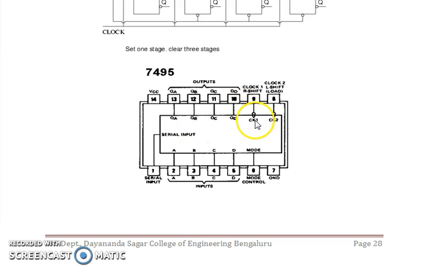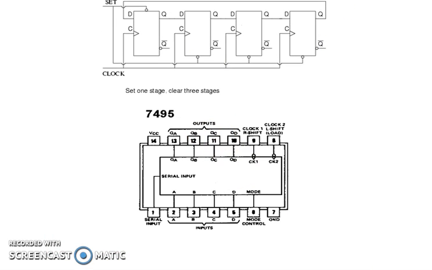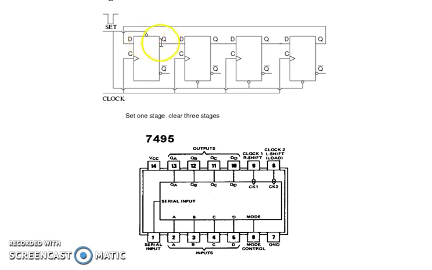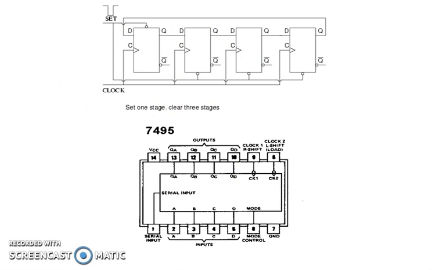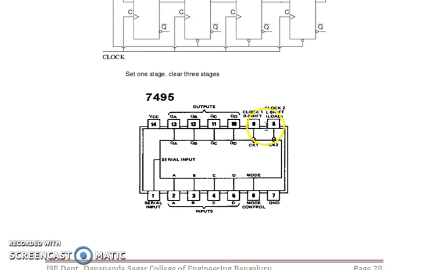So coming to the connection, according to the circuit diagram of the ring counter, QA, QB, QC, QD are the outputs.